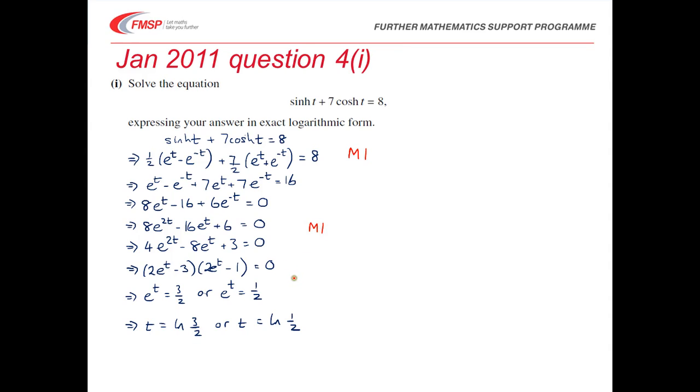There's a method mark for getting at least one value of e to the t, and accuracy marks for getting these two correct. And then there's another accuracy mark for getting the final answers for t, correct only, answer only, or equivalent exact form.